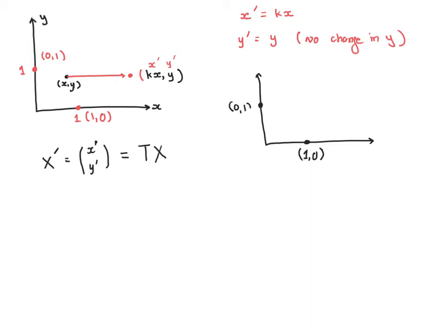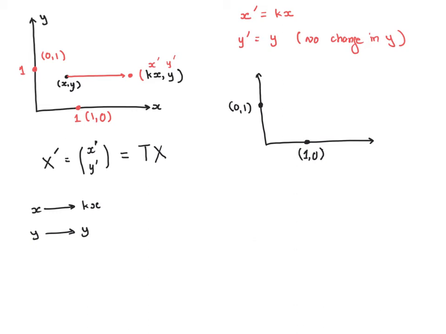0, 1. And we established the rule that the new point under the transformation, x will become kx and y would become just the same. It doesn't change. So using that rule, we can do the following.